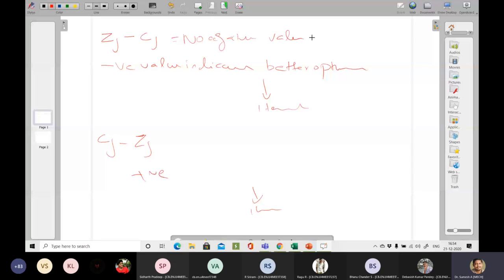In Cj minus Zj, there should be no positive value. If any positive value exists in x1, x2, s1, s2, a1 or a2, you have to go for the next iteration.